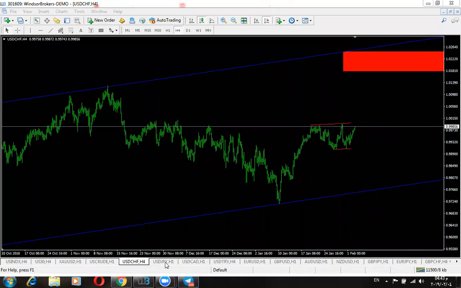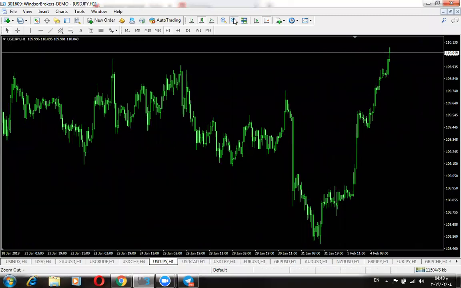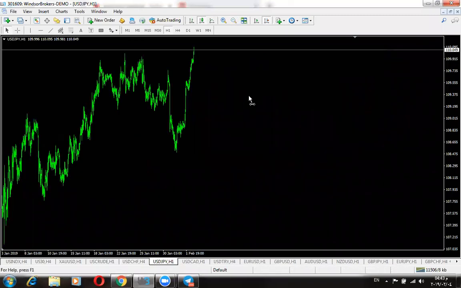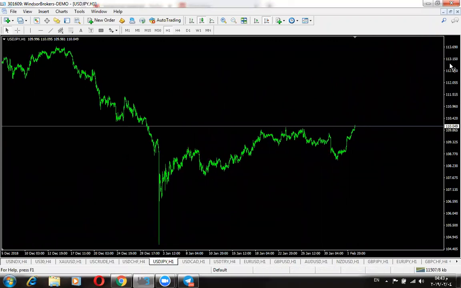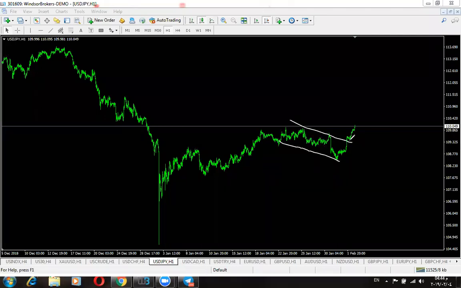Let me move into the dollar yen. We have seen this very nice correction to the downside for the dollar yen. This is a very nice flag, and we have entered at this place. I have sent this signal to subscribers on the website.